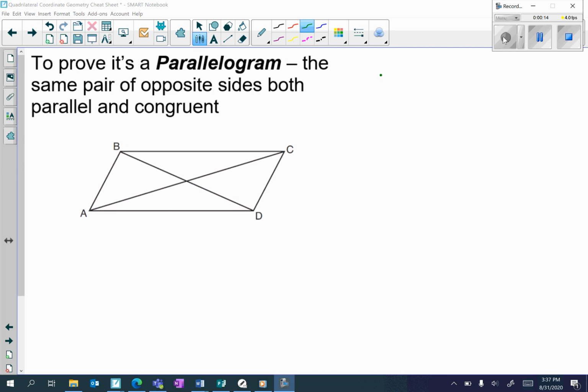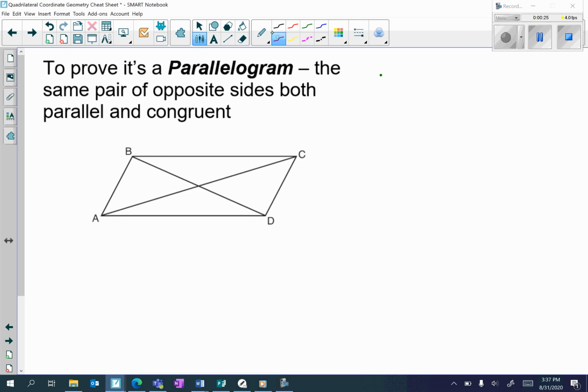First, to prove it's a parallelogram, the same pair of opposite sides have to be both parallel and congruent. So for example, AB has to be congruent to CD and AB has to be parallel to CD.